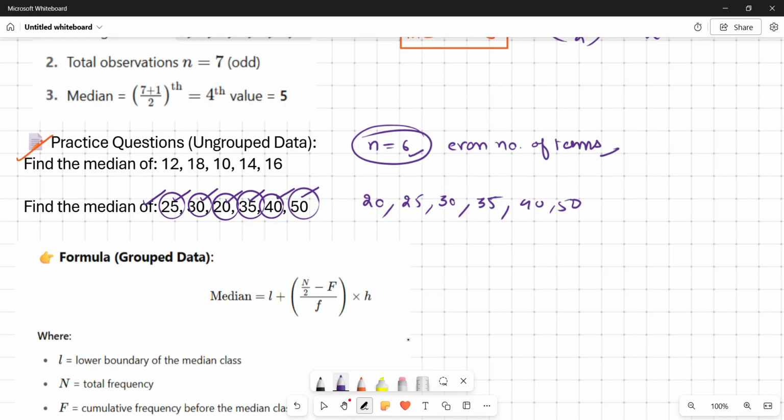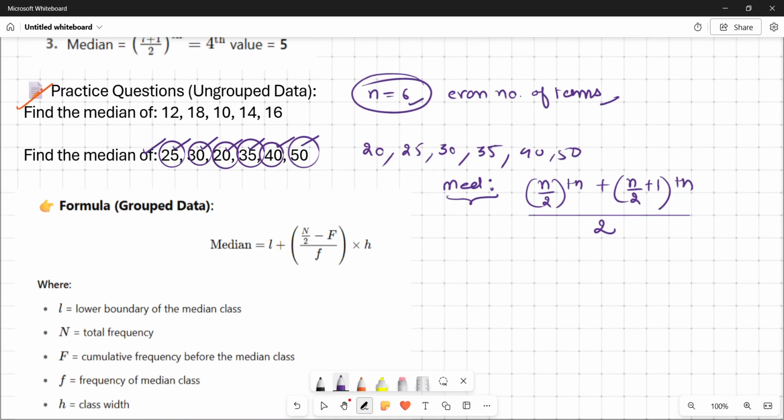Again I will move to the formula for median. If there is an even number of terms, it is the n by 2th term plus the n by 2 plus 1th term, and this whole sum divided by 2.